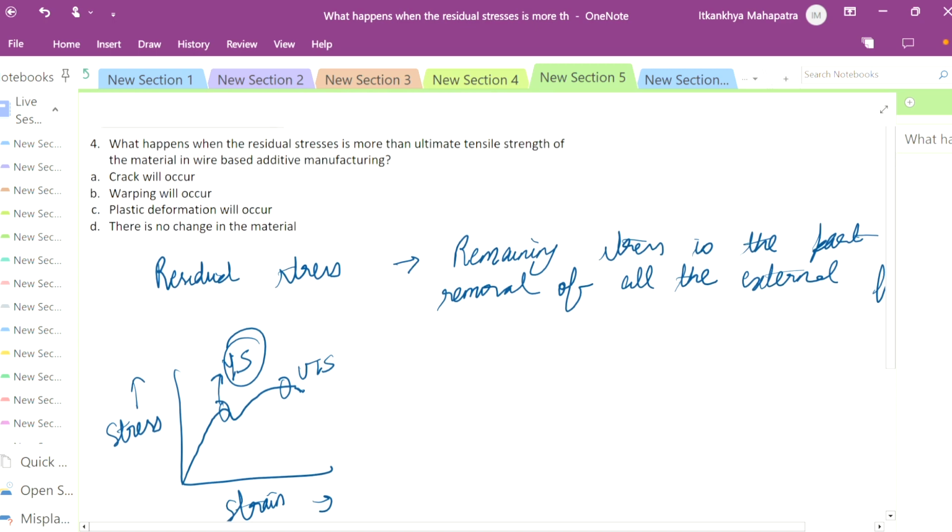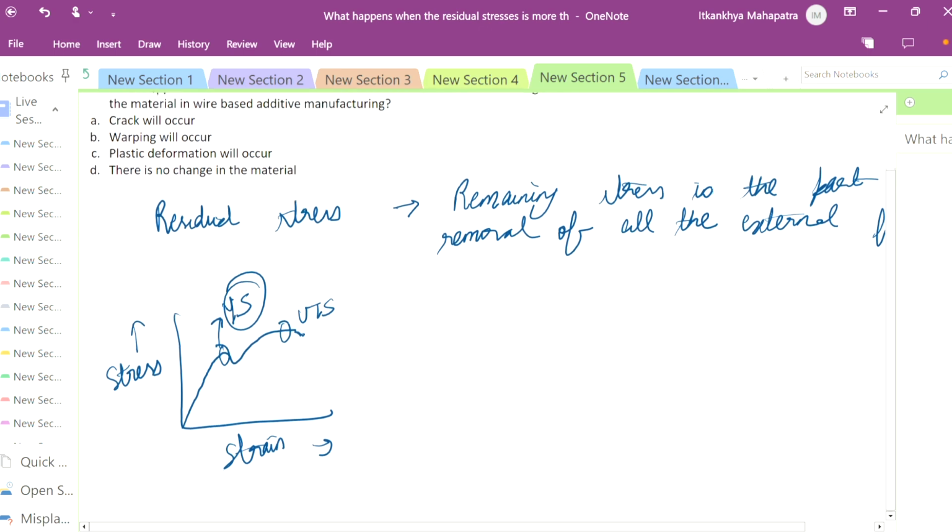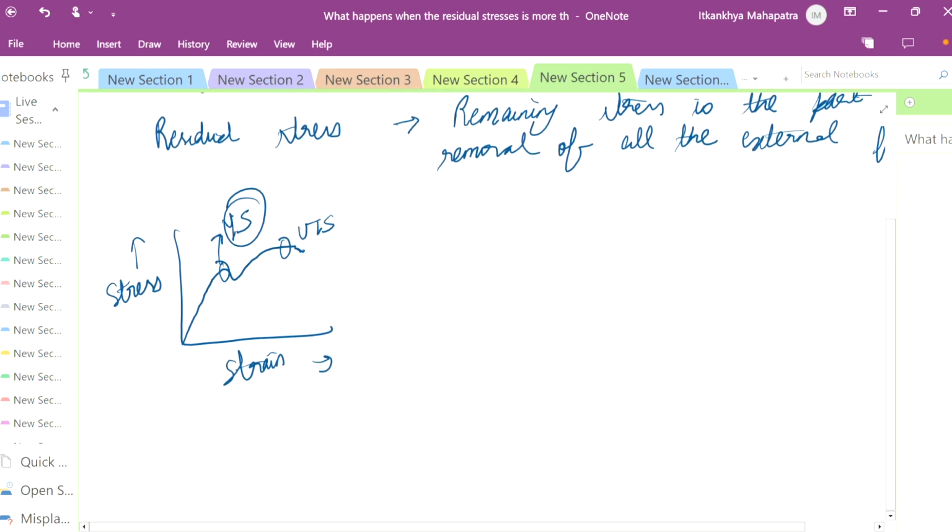Okay, so this is the question, and we are finding out what will happen if the residual stress is more than the ultimate tensile strength of the material in the wire-based additive manufacturing method. So now consider your residual stress is around, when it is more, suppose this is 500 and this is 400.